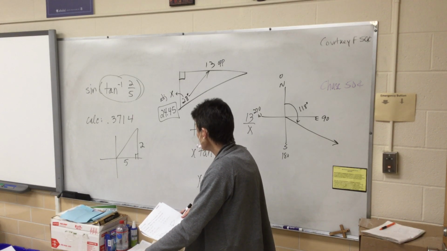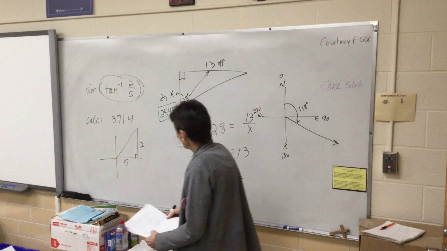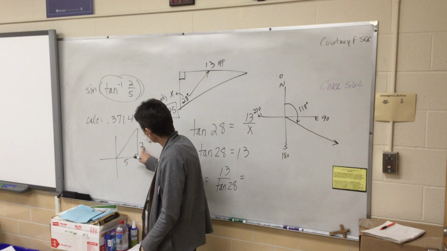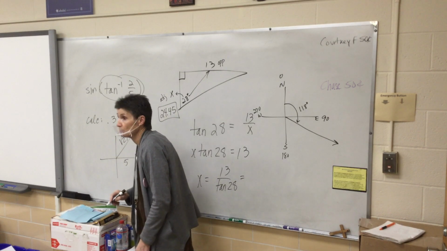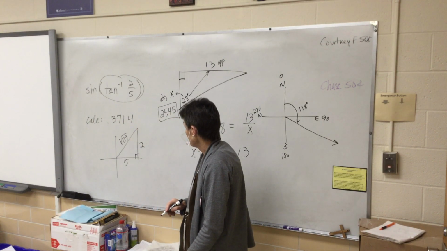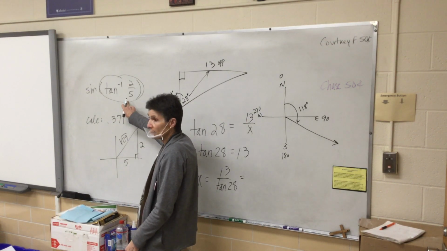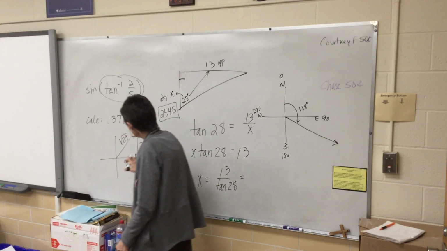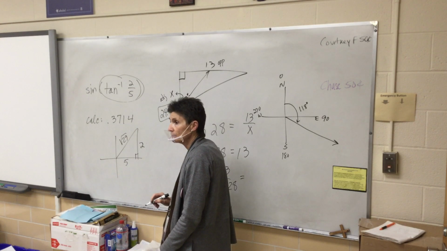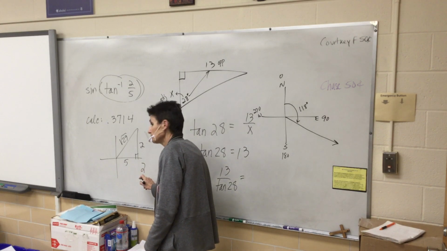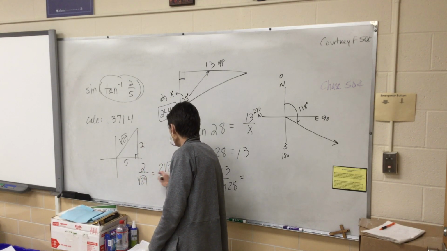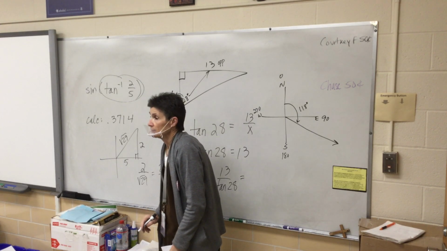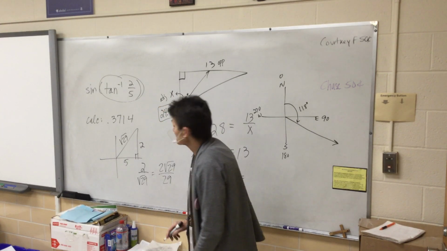The Pythagorean Theorem says a squared plus b squared equals c squared. So the square root of 29, don't forget the square root part. Now that's a picture of the parentheses. We want the sine. So what is the sine of that angle? It's 2 over root 29, which is 2 root 29 over 29. Remember, sine is opposite over hypotenuse.